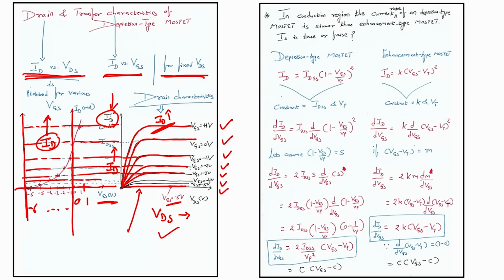We have to see the value of current for constant VDS.